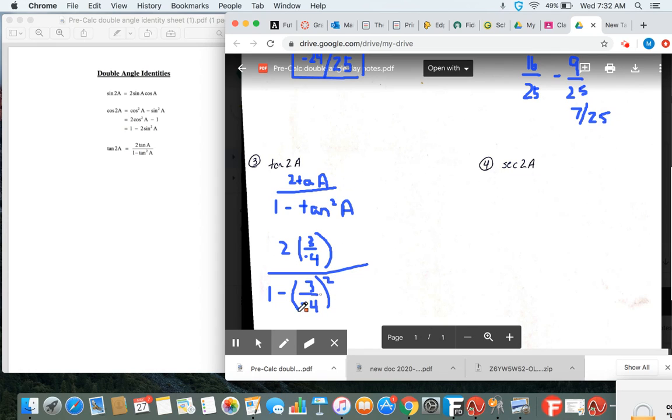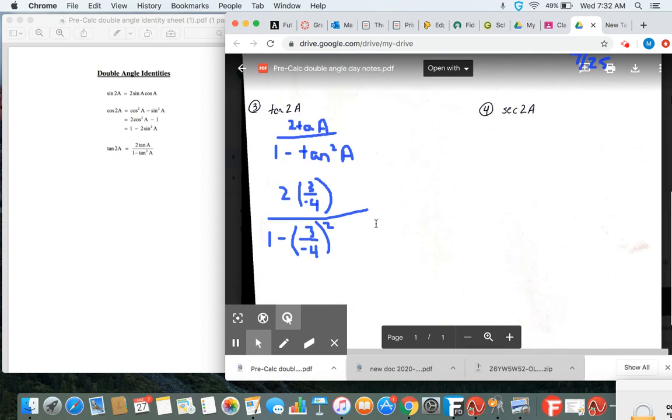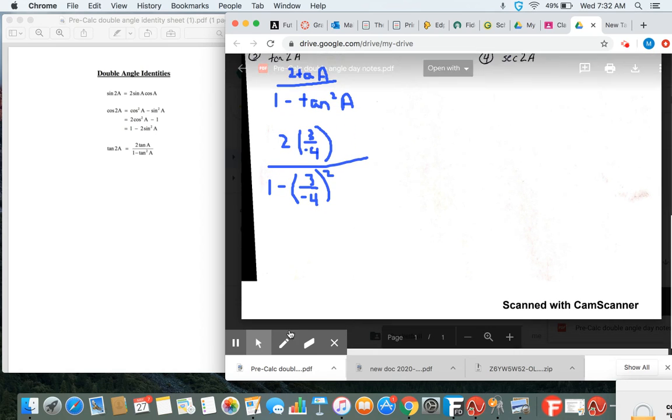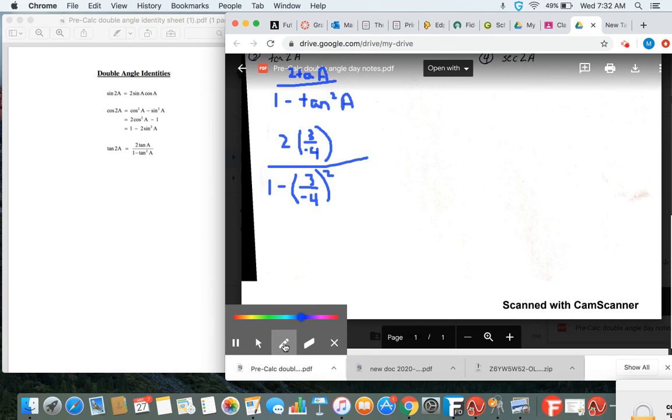Next step is just going to be to simplify. So we'll multiply the numerator here. We get 6 over negative 4, but I'll just put the negative out front. So negative 6 over 4.